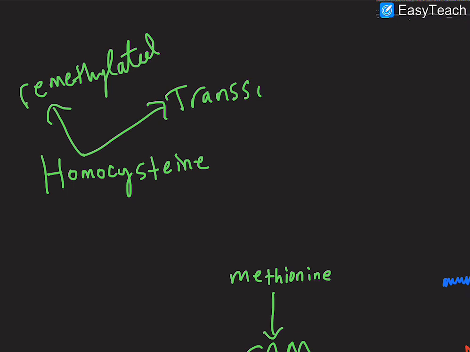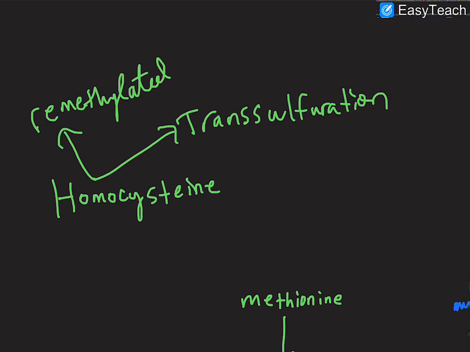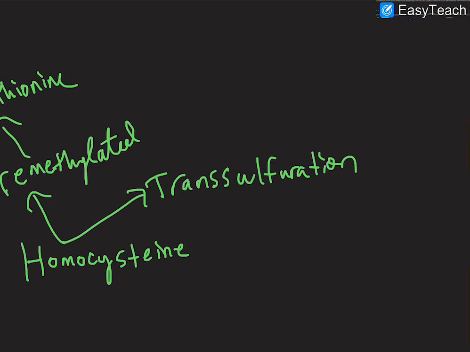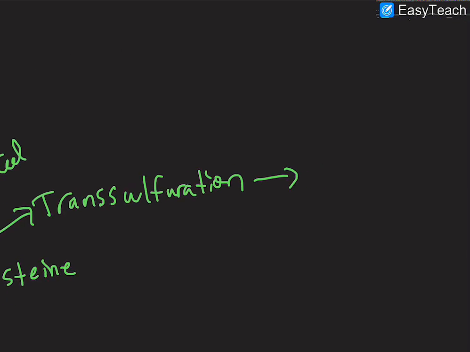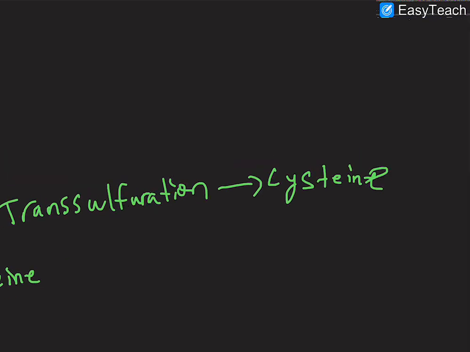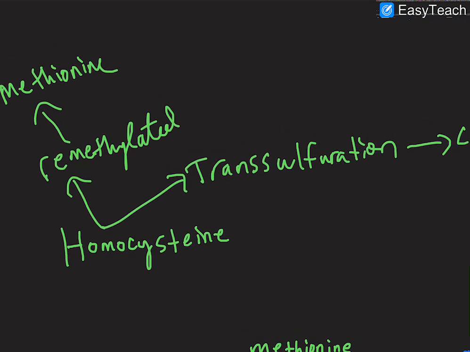If it gets remethylated, homocysteine converts back to methionine. If homocysteine undergoes a transsulfuration reaction, it gets converted into a molecule called cysteine. So those are the two main fates of homocysteine metabolism.